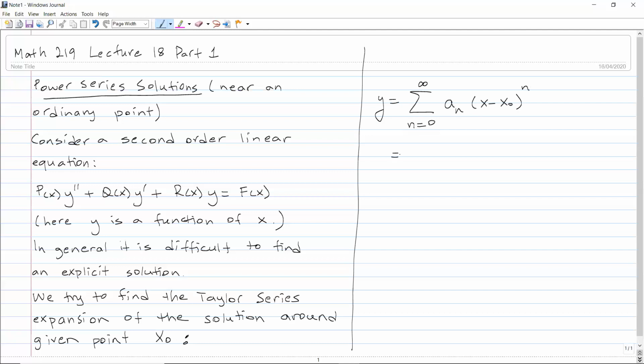So the first term, when you take n equals 0, x minus x0 to the power 0, we always take it to be 1. So first we have the constant a0 plus another constant a1 times x minus x0 plus another constant a2 times x minus x0 squared. So it keeps going like this, infinite sum, Taylor series.